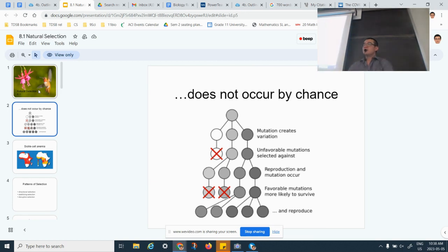Now again, natural selection needs two things to happen. You need to have mutation and variation. Without those two, genetic mutation as well as genetic variation, natural selection cannot happen.